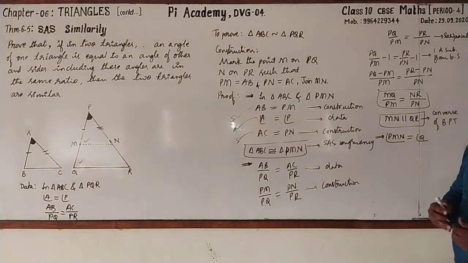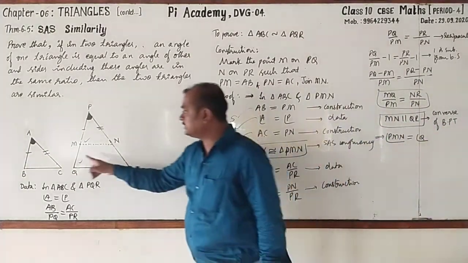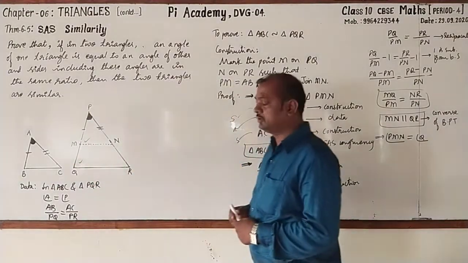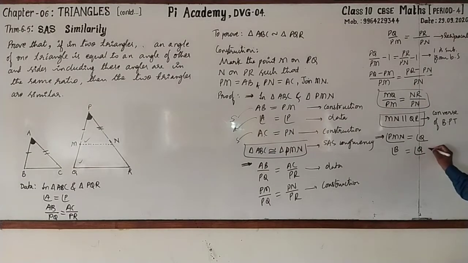But we all know that here triangle ABC is congruent to PMN, hence angle B equal to angle M, nothing but PMN. So in place of PMN, I'll write angle B. Angle B equal to angle Q. This has been written from CPCT.